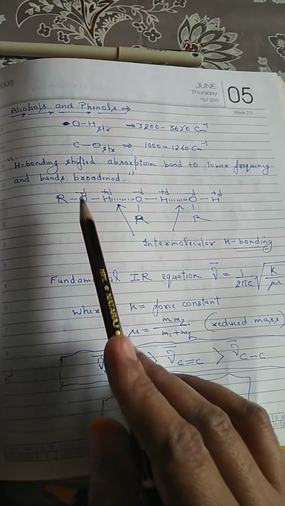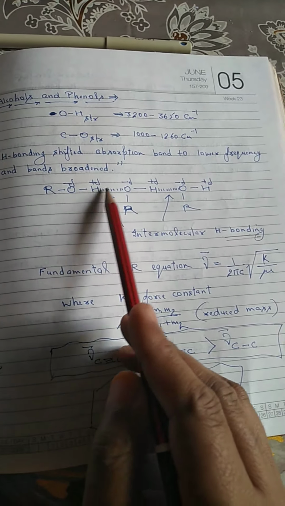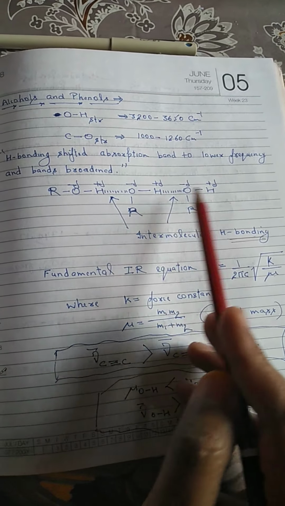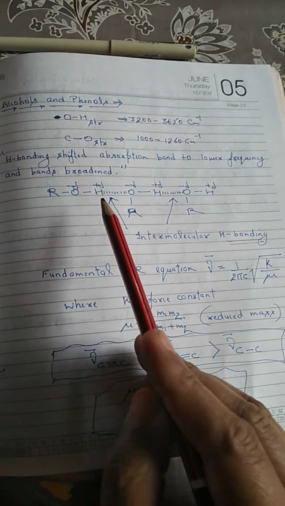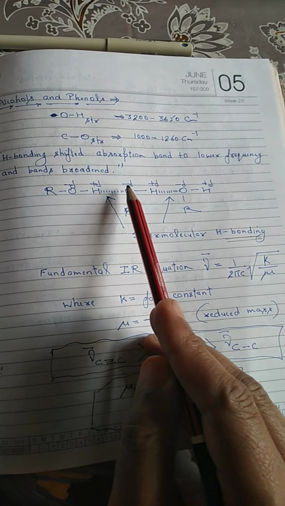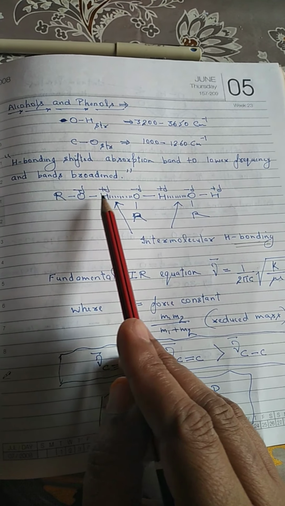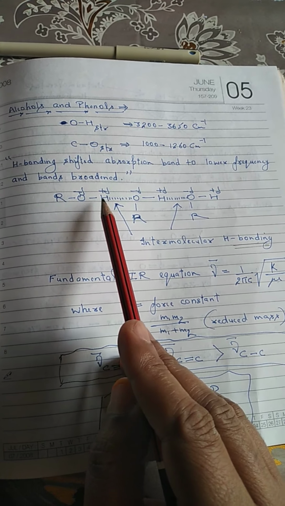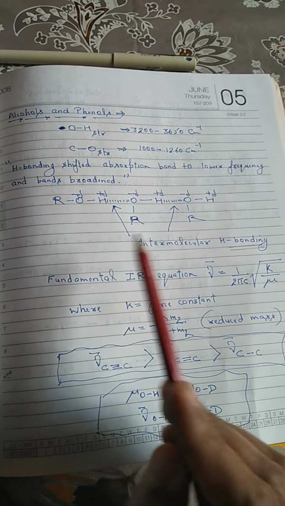We see in this example intermolecular hydrogen bonding. This is a molecule of alcohol. In alcohols, intermolecular hydrogen bonding exists. As the hydrogen bond forms, simultaneously the bond between O and H weakens. If it weakens, its force constant decreases.